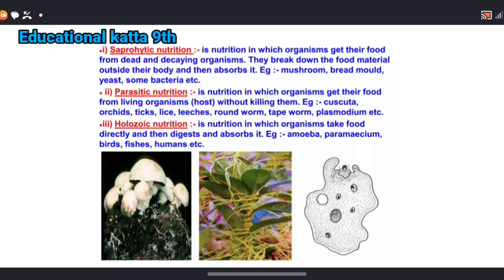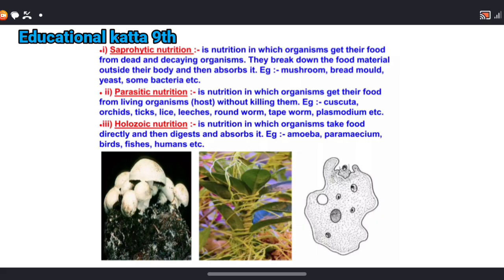पैरासिटिक न्यूट्रिशन क्या है? इसमें होस्ट होता है बेटा. होस्ट मतलब not ghost, host. It is a type of nutrition in which organism get their food from living organism without killing them. Means, you know, वो बालों में होती ना चूहे.